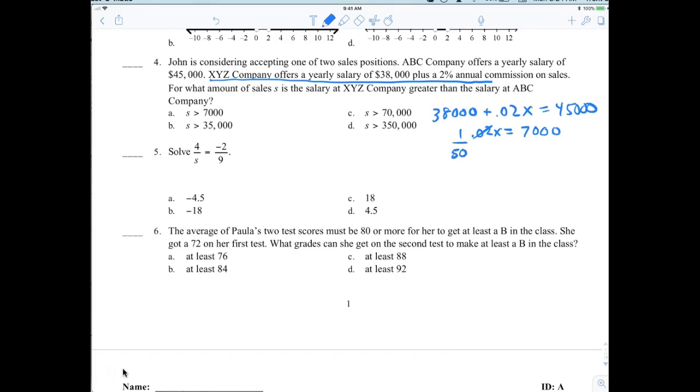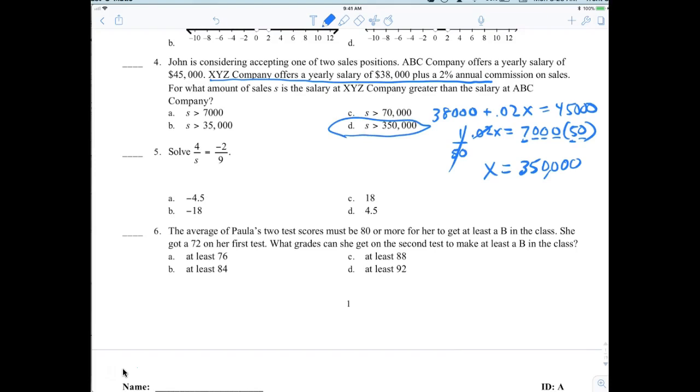So I just multiply both sides by 50. So x is equal to 7 times 5, which is 35 with 4 zeros. So he needs to make $350,000 in sales. So D.